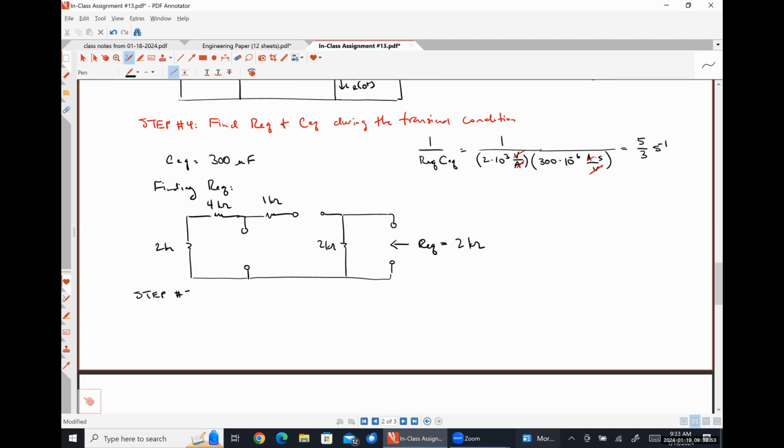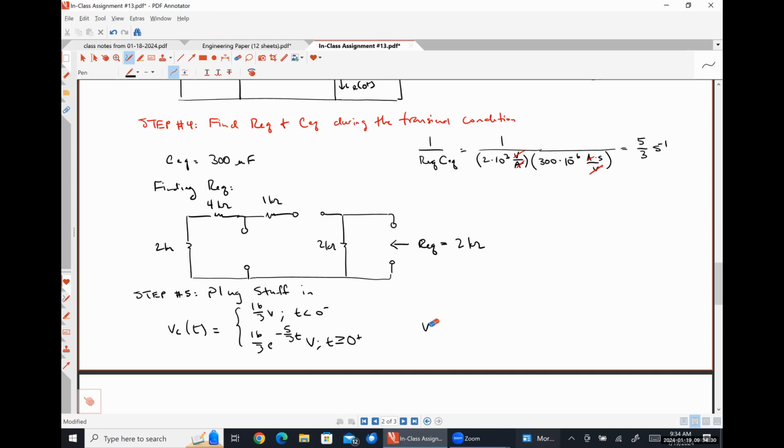Step number 5 is just plug stuff in. Camden, you have a question? So VC as a function of time. VC at 0 minus was 16/3 of a volt. And then we're going to have 16/3 e to the negative 5/3 t volts for t greater than or equal to 0 plus.